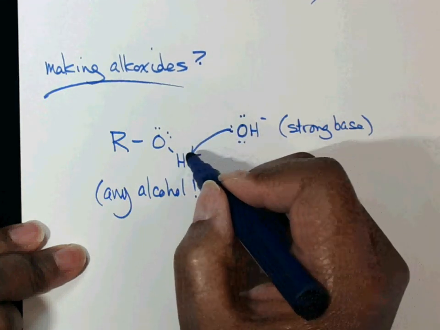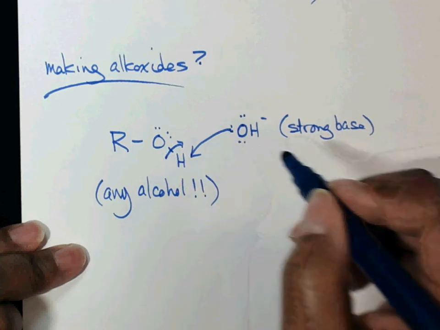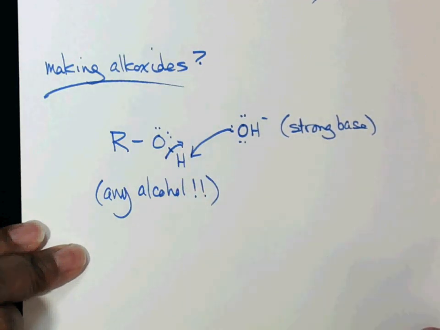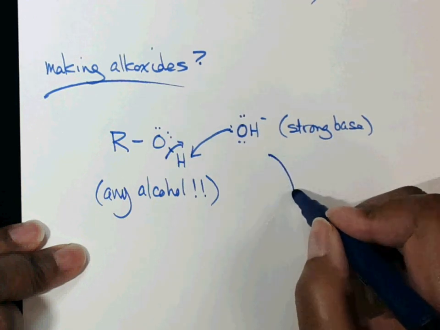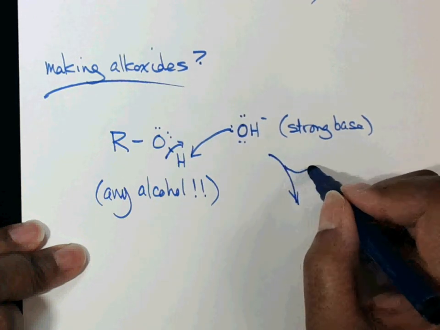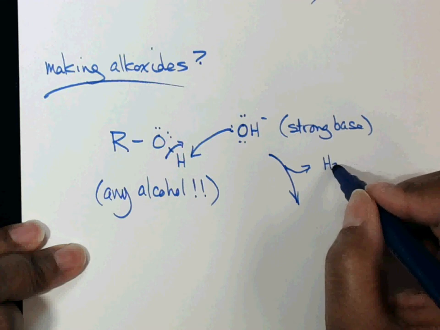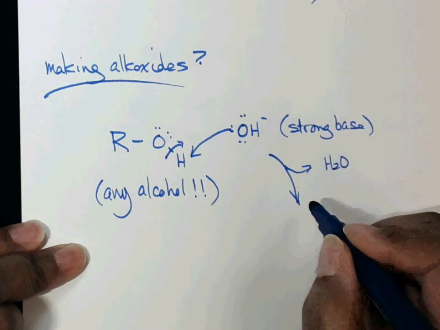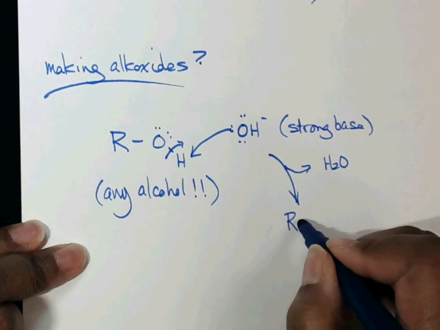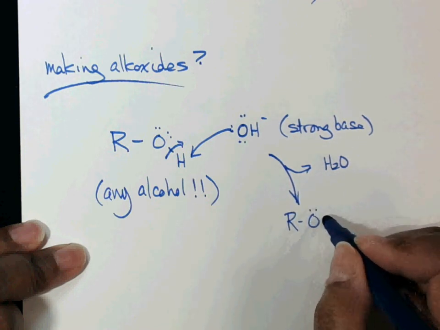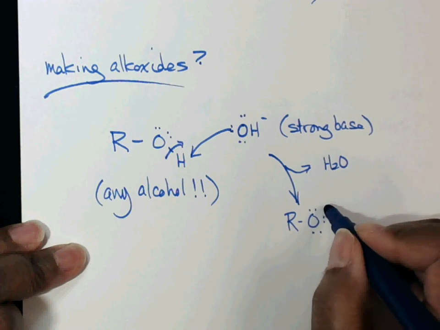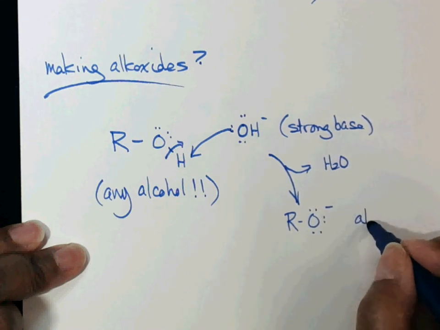That base will extract the hydroxyl proton from the alcohol. I'll have a little bit of water as a byproduct, but looky there, that's my alkoxide.